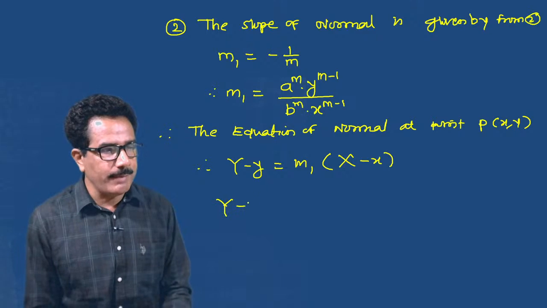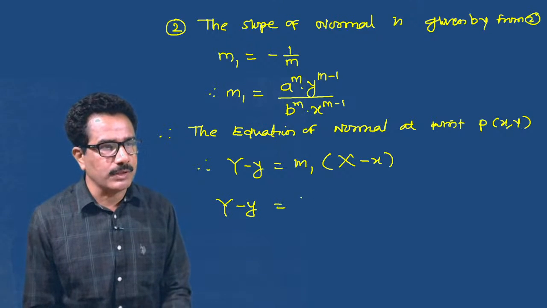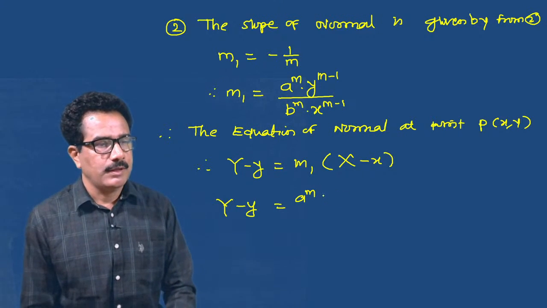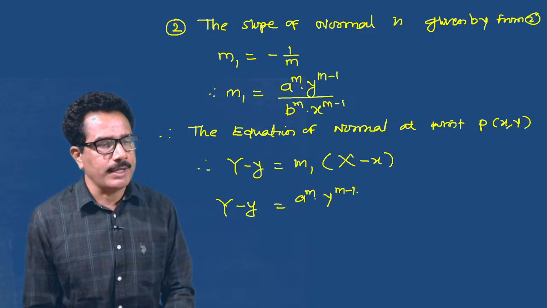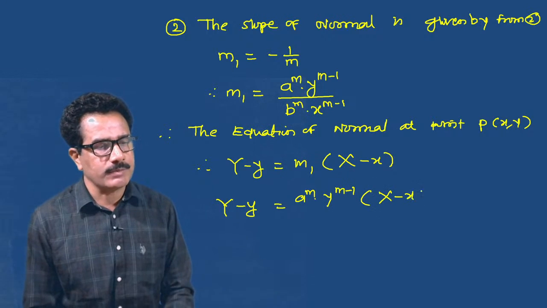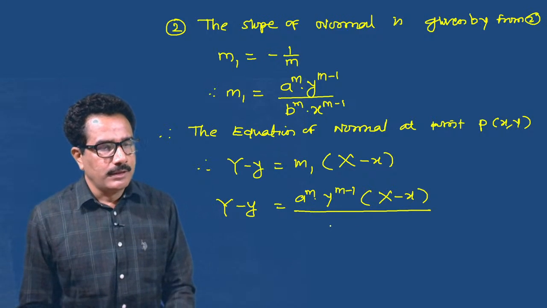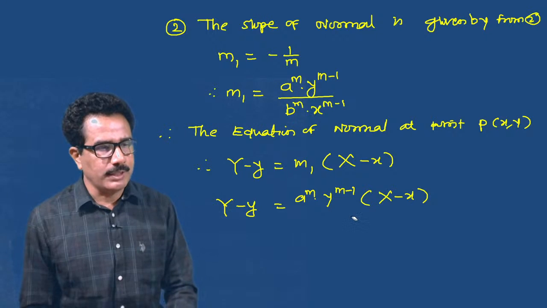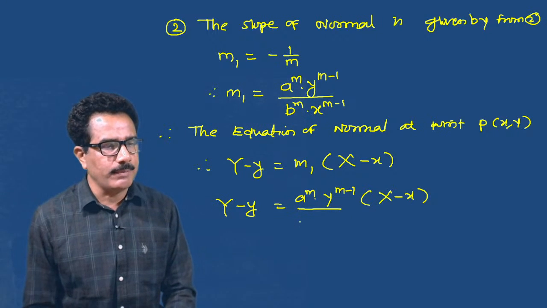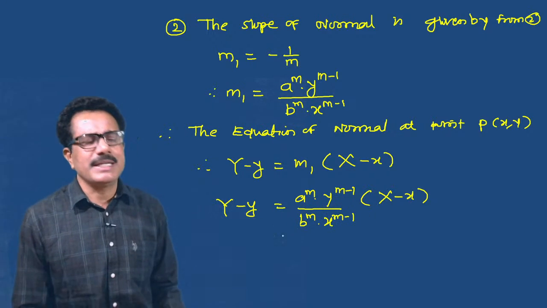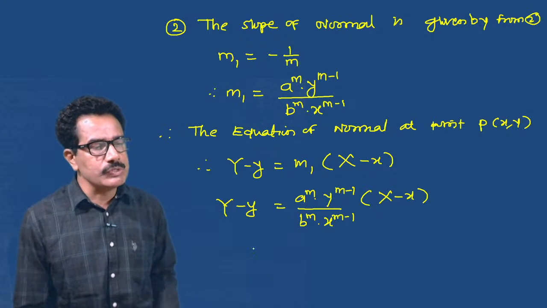So capital Y minus small y is equals to a raised to m into y raised to m minus 1 in a bracket, capital X minus small x, divided by b raised to m into x raised to m minus 1. Now look, if we multiply this also, it is of no use.